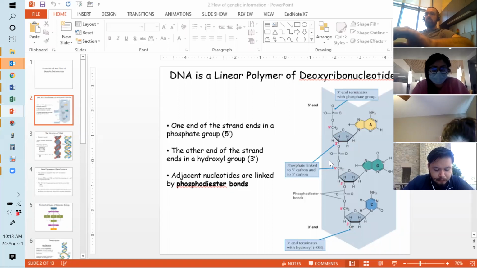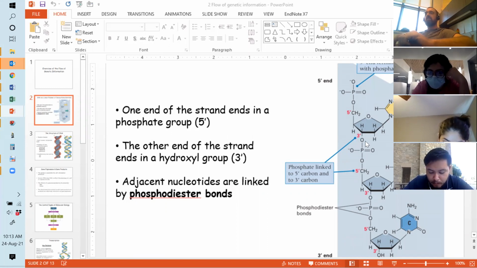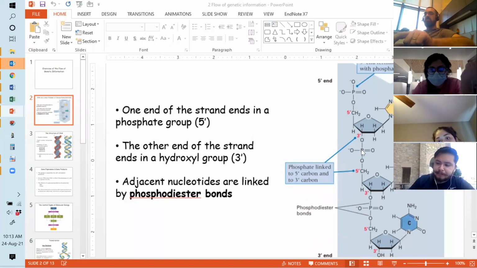We've already covered this in large part, but one thing to note as well is that the individual nucleotides are linked together by what are called phosphodiester bonds. Phospho because there's a phosphate there, ester because that's a particular type of bond between a carbon and an oxygen.